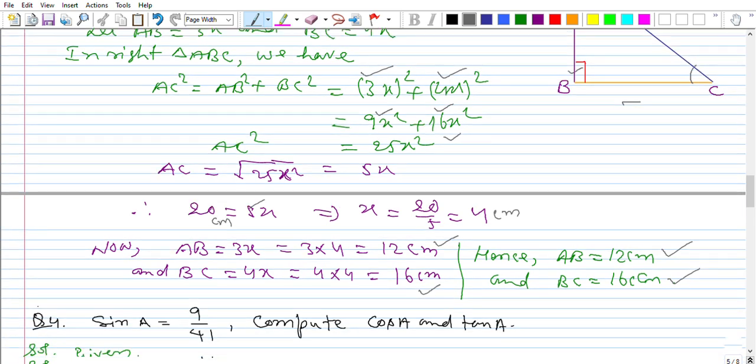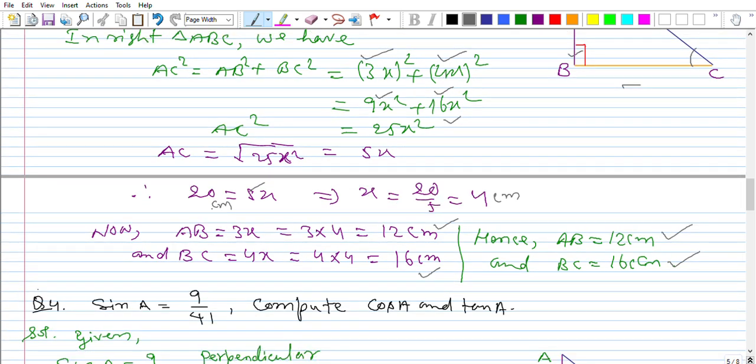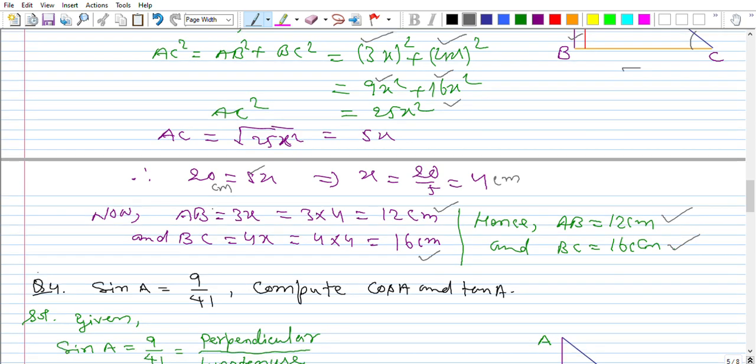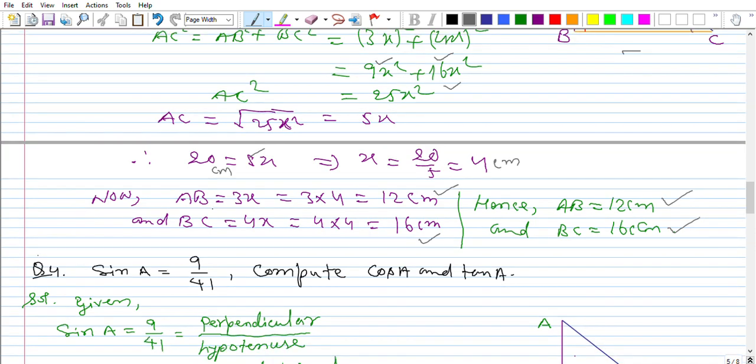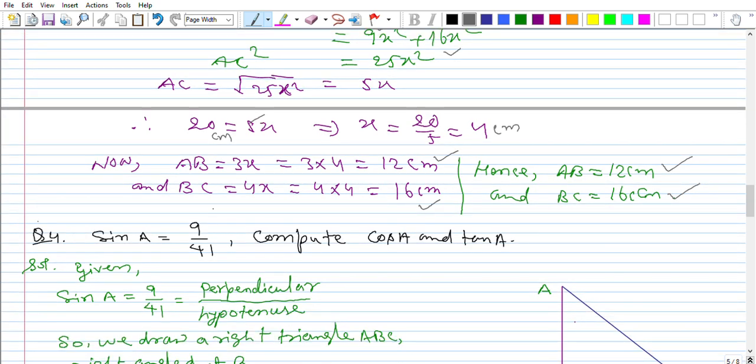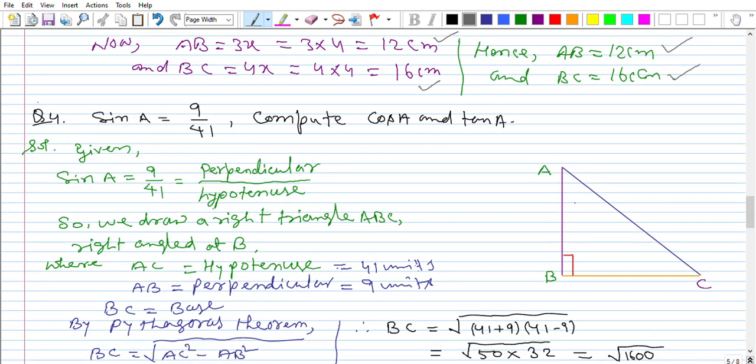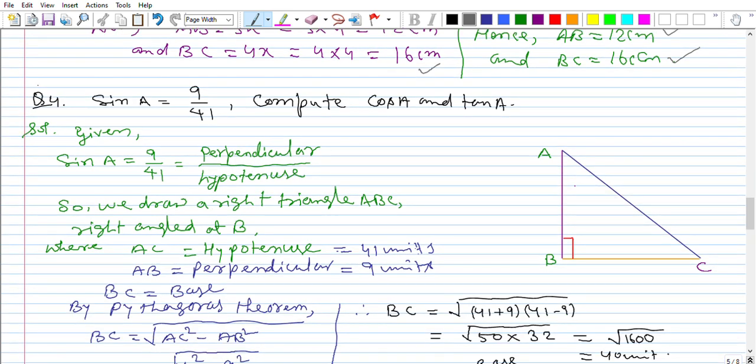Now the next question is 4. Here is given sin A equal to 9 by 41. Compute cos A and tan A. A triangle is also required. So given sin A equal to 9 by 41, it is the ratio of perpendicular and hypotenuse.